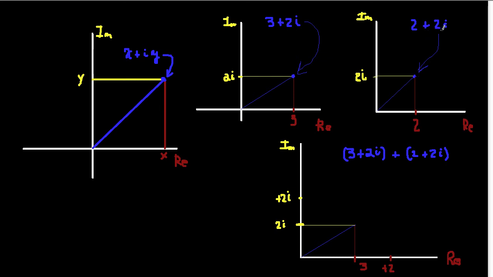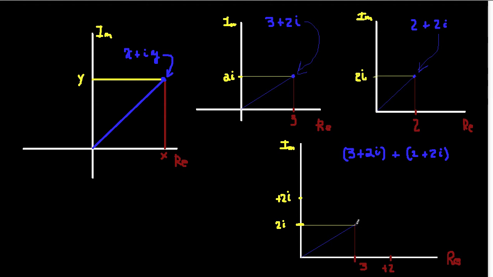Now if you remember adding complex numbers, we add the real parts, and then we add the imaginary parts. So we add 2 plus 3, and then we add 2i plus 2i to give us our addition of two complex numbers. I'm going to represent that addition on this graph. I've already plotted the number 3 on the real axis, and then I go up 2i.